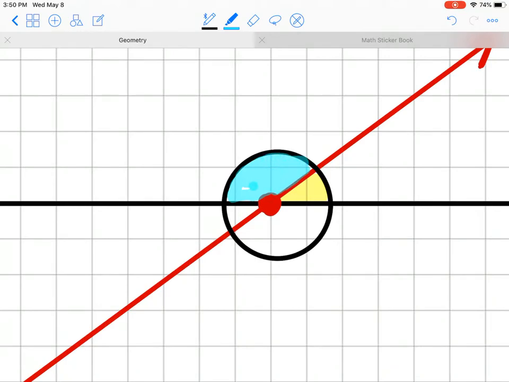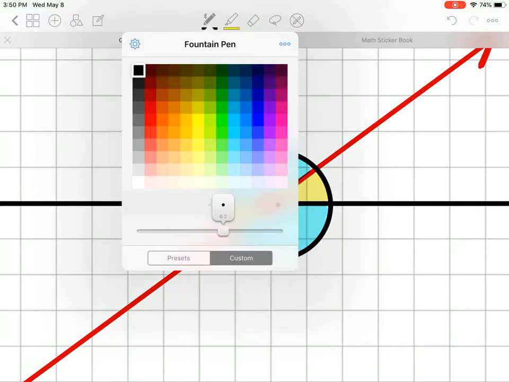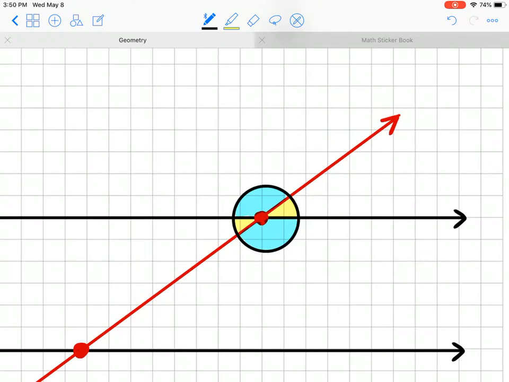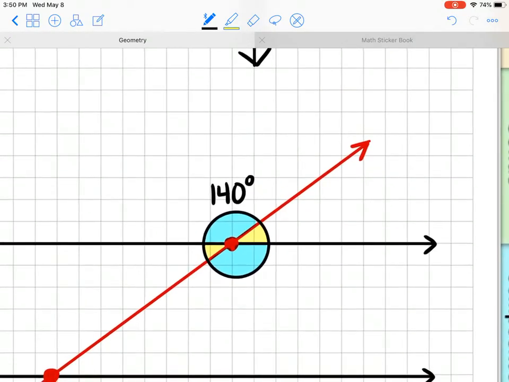So let me go ahead and color it. And you don't have to color, but it helps me to see. And hopefully it will help you to see. There's a blue bow tie, and here's a yellow bow tie. And suppose on the test they tell me that this blue section is worth about 100, let's keep the math simple. Let's do 140 degrees on this blue one.